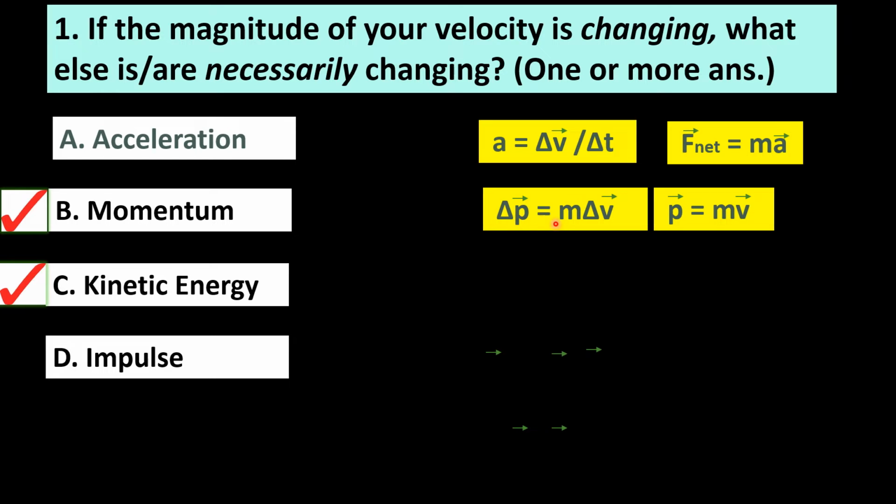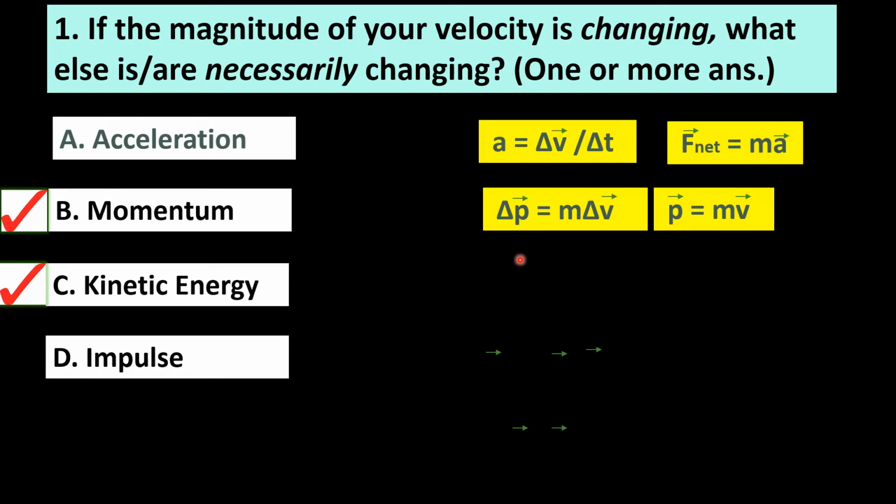A change in velocity automatically means that the momentum of the body is changing. If the delta V is decreasing or negative, then it follows that the delta P is also negative.